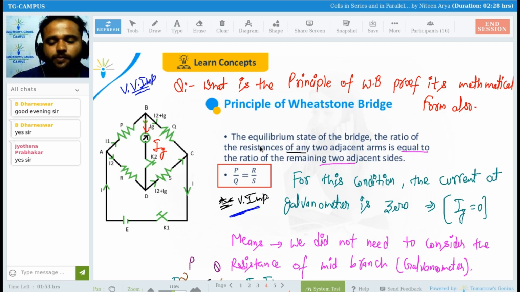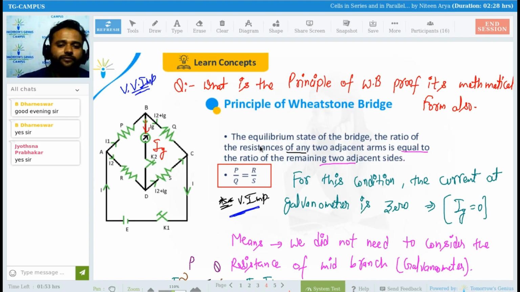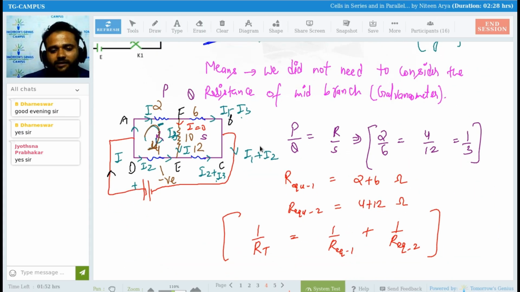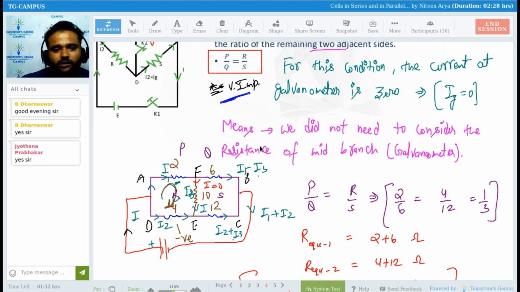First of all, you need to write this, the principle. Obviously, sometimes they ask what is a Wheatstone bridge also, so you need to add this slide also. But this is not going to be asked, but if you are lucky enough. So you need to write all the 3 slides along with whatever I write down. If you write it down, they understand better that you know everything. Obviously, this is just to make it more realistic, where we are going to use it.